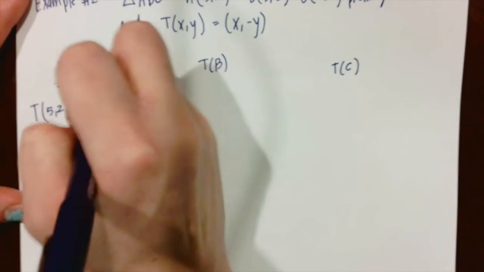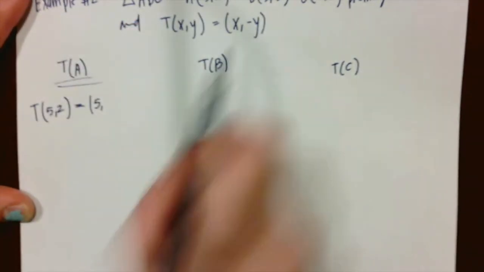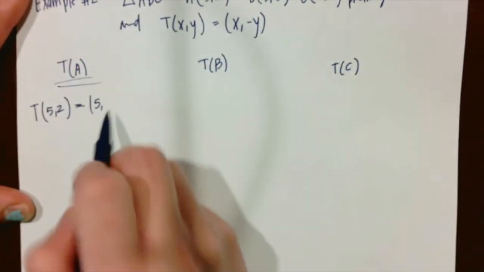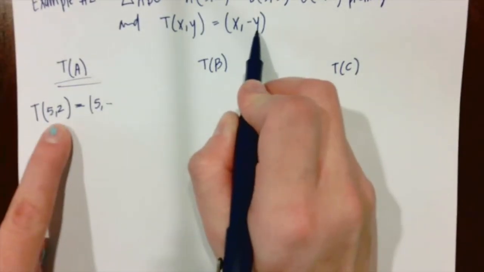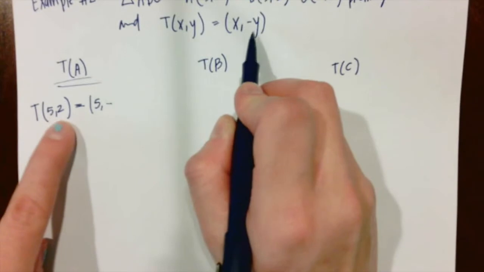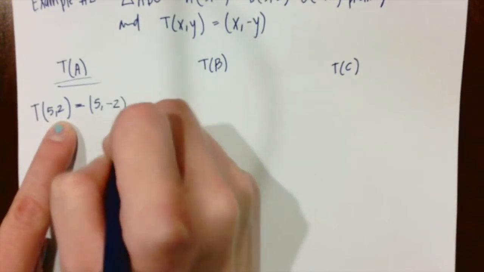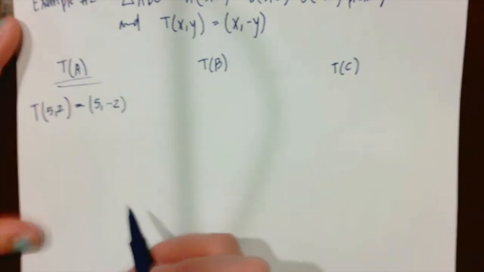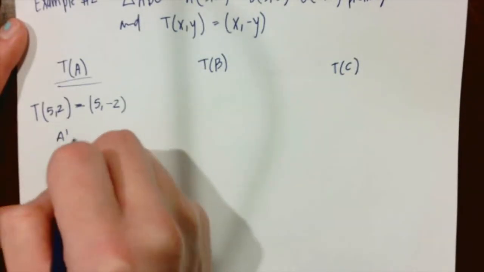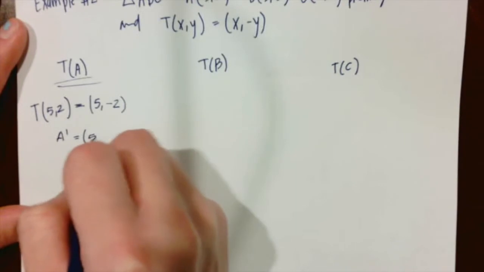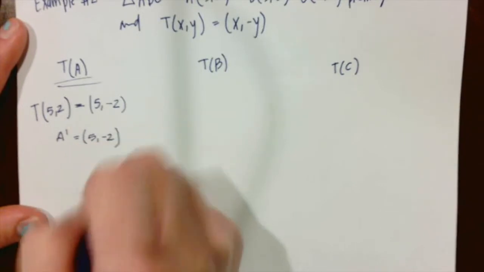I just replace the x with my x value, which is 5, bring the negative over, and replace the y with my y value, which is 2. So I come up with 5, negative 2. That means A prime is 5, negative 2.